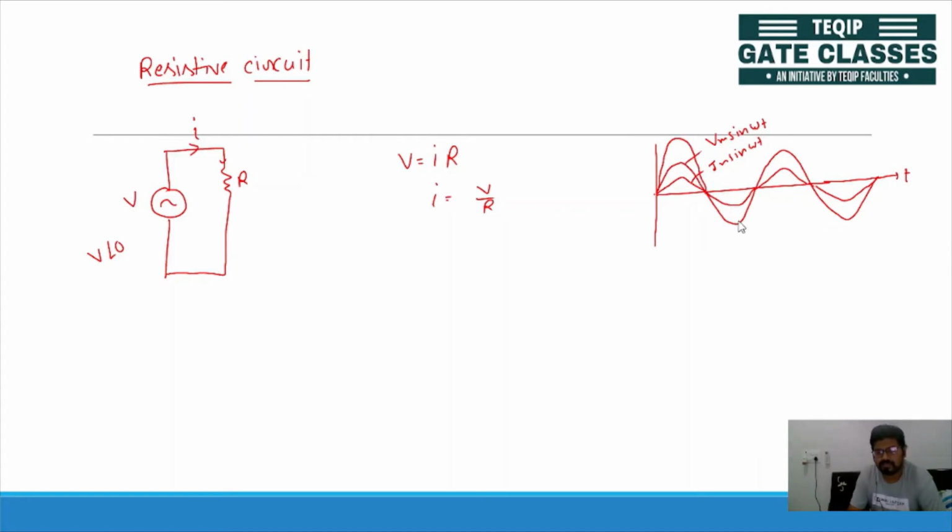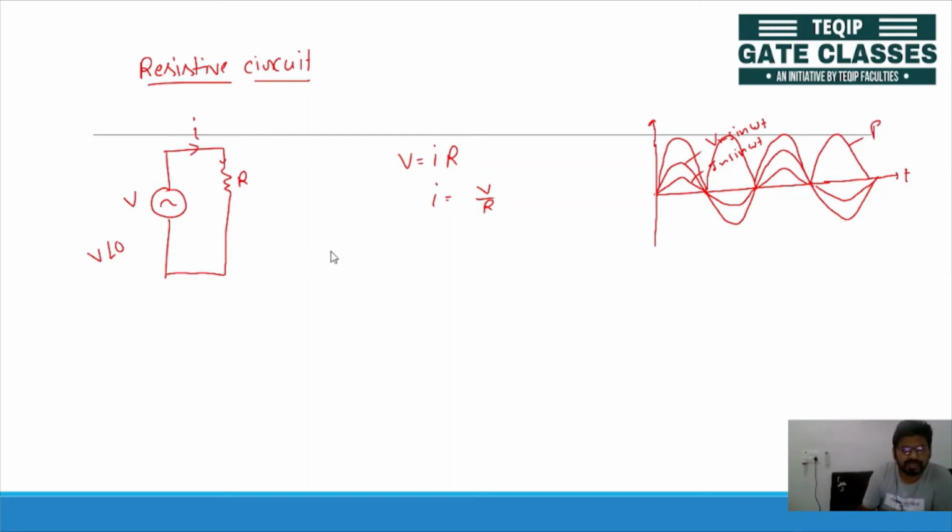Here V is negative, I is also negative, then power again will be positive, and here the power is again positive, and this again positive. So you will get the power waveform like this, and this is the instantaneous voltage and instantaneous power waveform.